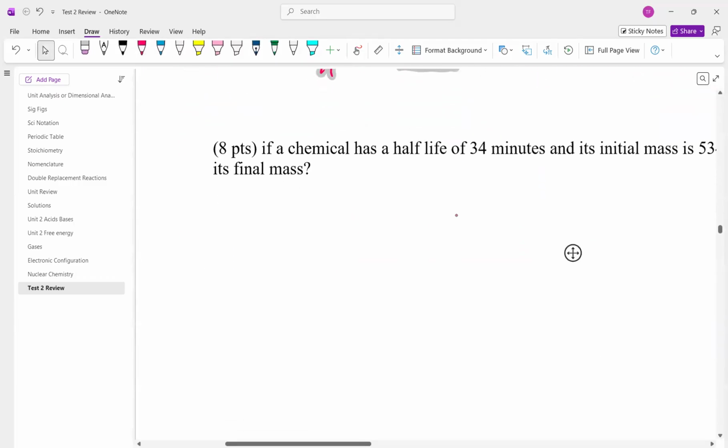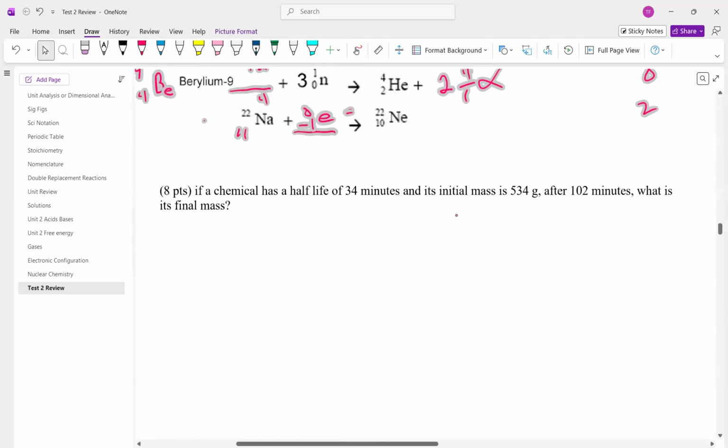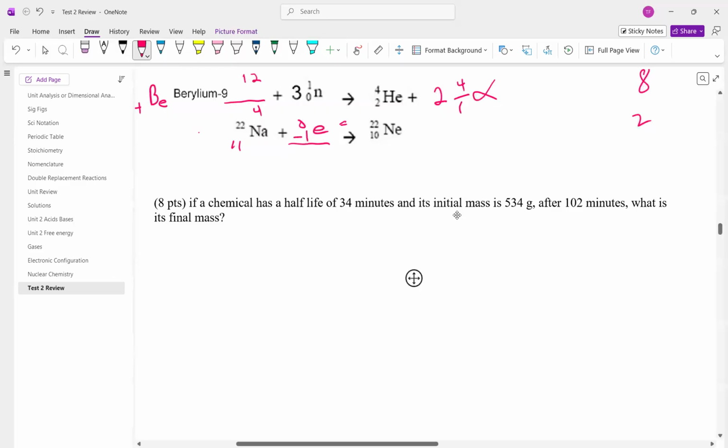All right. Okay, last one's on half-life. So you can do this a couple different ways, like always. Let's do the graphic one first. Okay, so what's the initial mass? 534 grams.